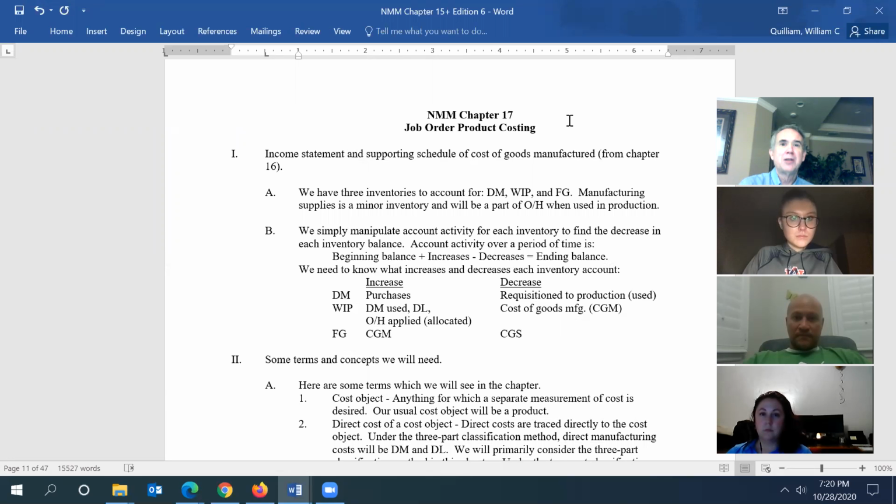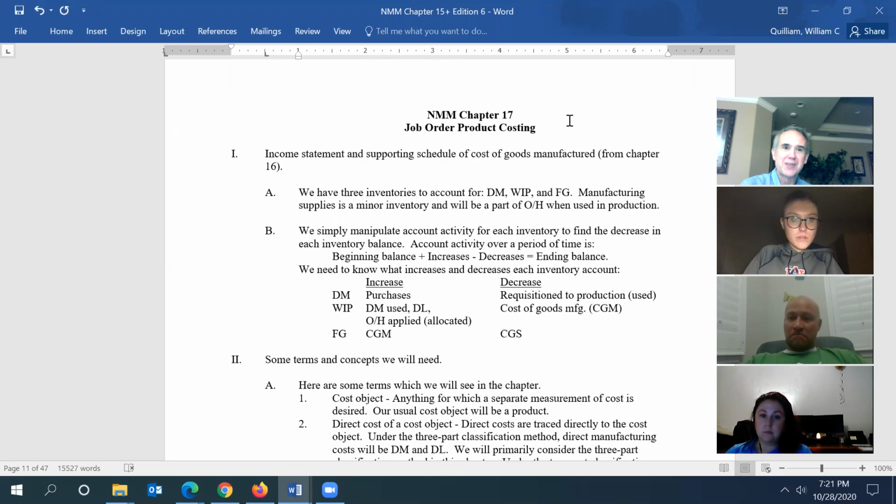Along with that job, not only will we be determining its cost, but also doing journal entries for it and T accounts for it. So I think generally it's pretty straightforward. If somebody doesn't like T accounts or journal entries too much, that's probably the main thing that comes up in the chapter.